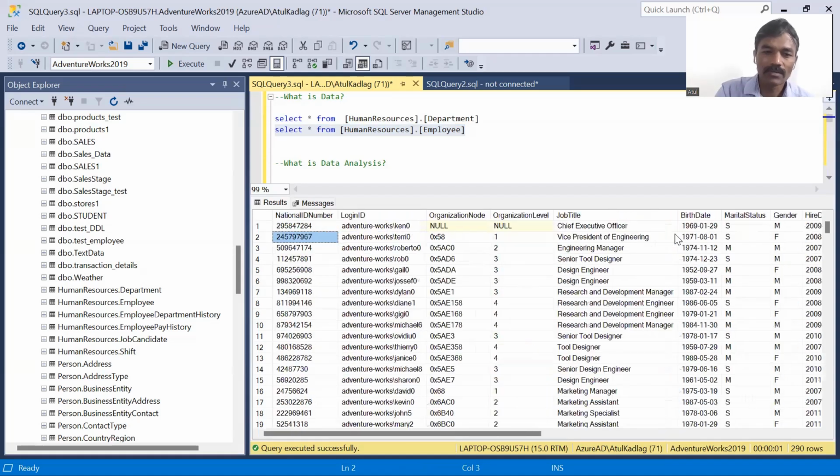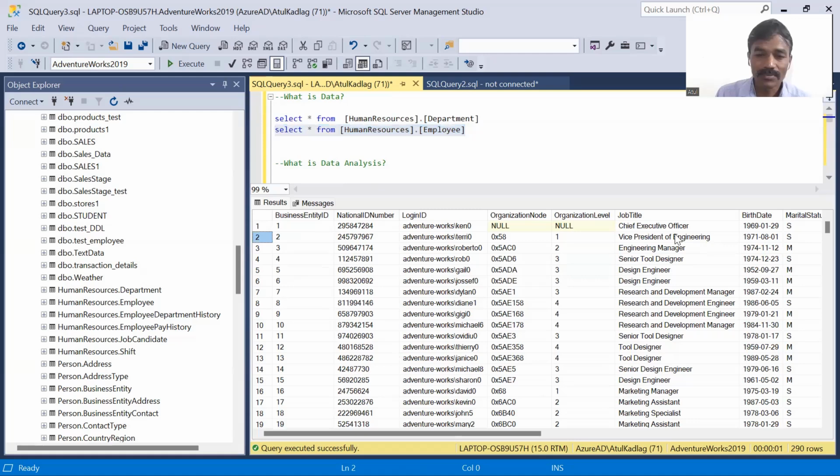Now, what are the business transactions happening? It may be any business, whether it is a sales business, a supply chain, or the educational business, anything.